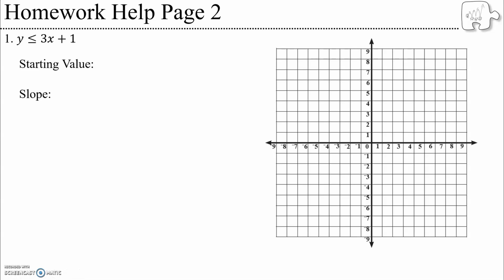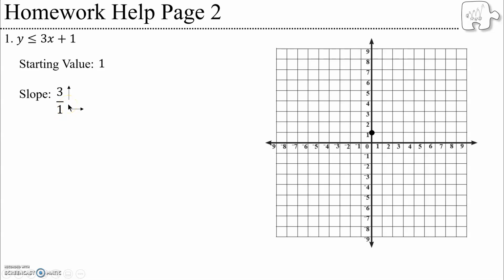mx plus b, so our starting value is 1. We can make a dot at 1. That means our slope is 3. M is our slope, and 3 is the same thing as 3 over 1.